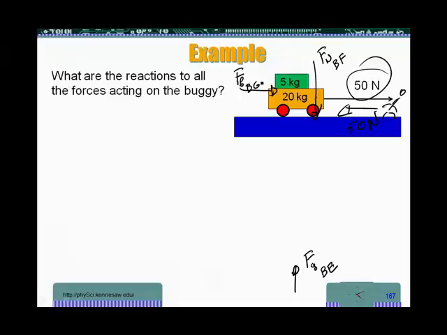And then the green crate exerts a normal force downwards on the buggy, and the reaction to that is the buggy exerting a normal force on the green crate. You notice that all of these reactions in the subscript, they have buggy B first, and then whatever else. They are all forces exerted by the buggy because of the forces that it was subject to.